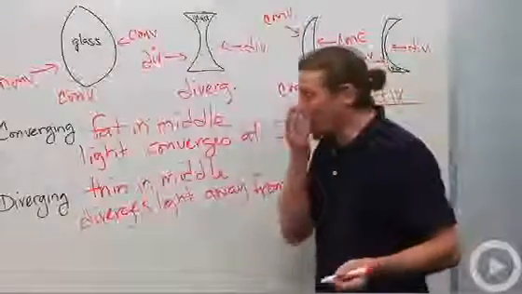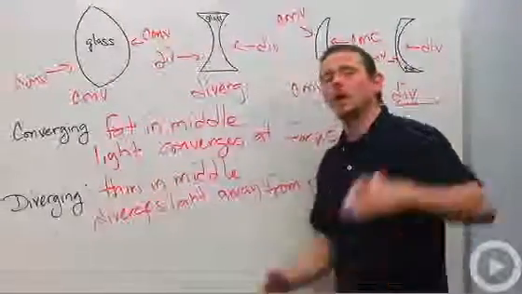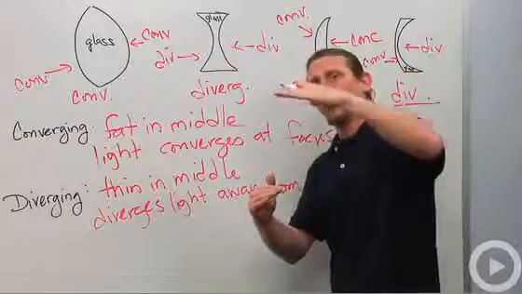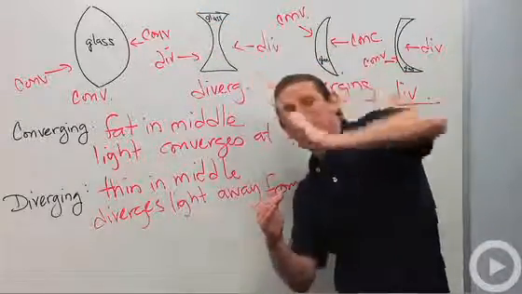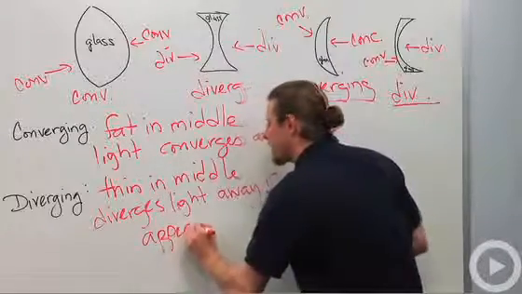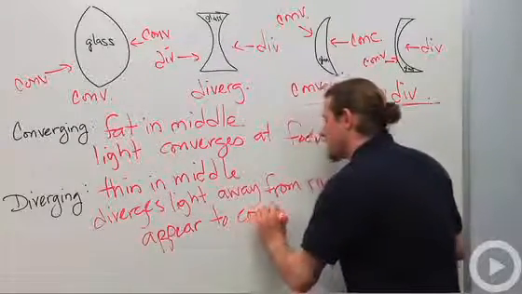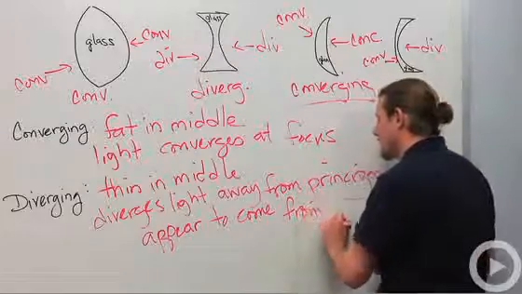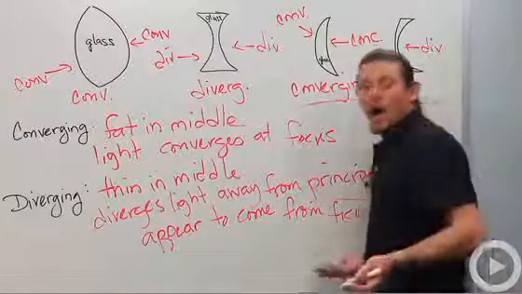Now remember that with a diverging lens, light that comes in parallel is going to come out and it's going to appear to come from the focus. And that's lenses.